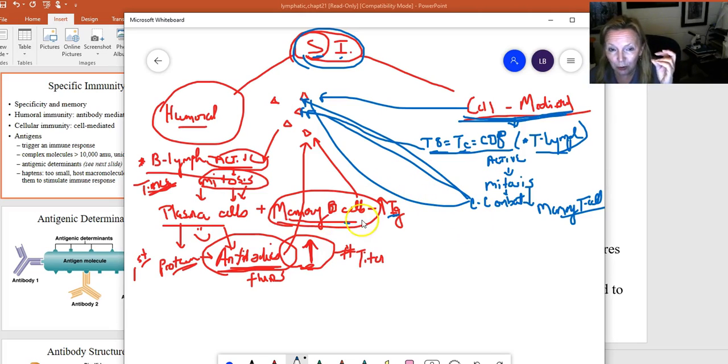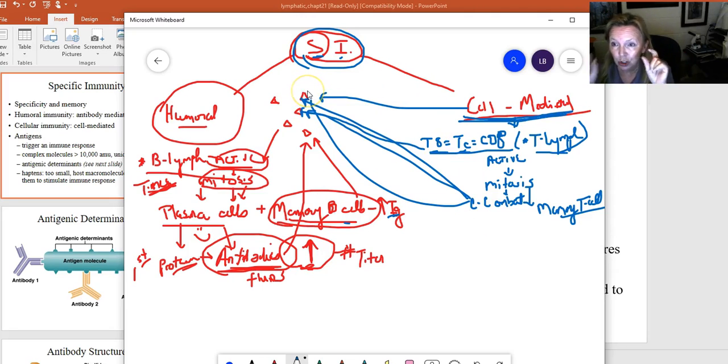And as long as you have the memories, they're never going to cause you any trouble, even if they did initially, like common colds, all kinds of infections that you can have. It's not going to cause you trouble usually the next time.